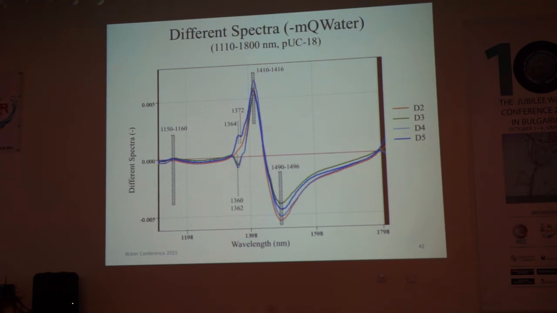This is very interesting. This is the water solvation shell, specific band, specific profile. So what DNA is doing is cutting hydrogen bonds, decreasing the hydrogen bonded part of the water, and increasing the less hydrogen bonded part.